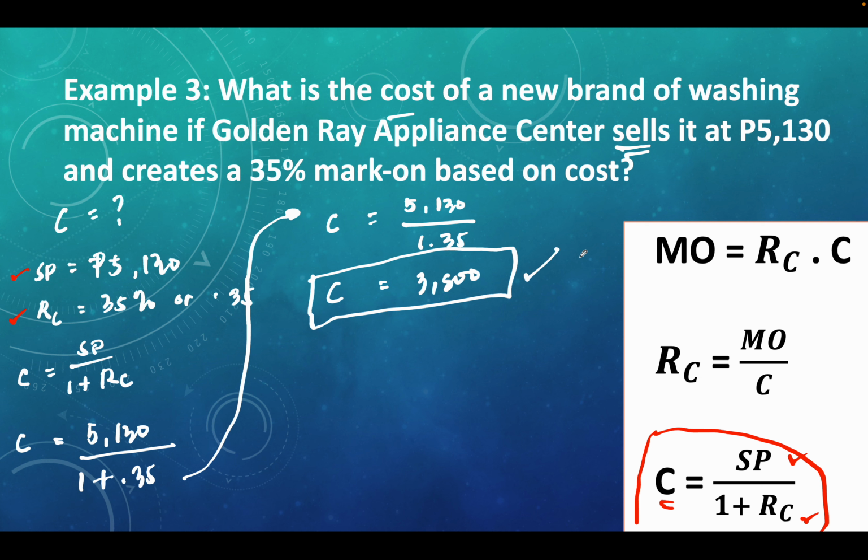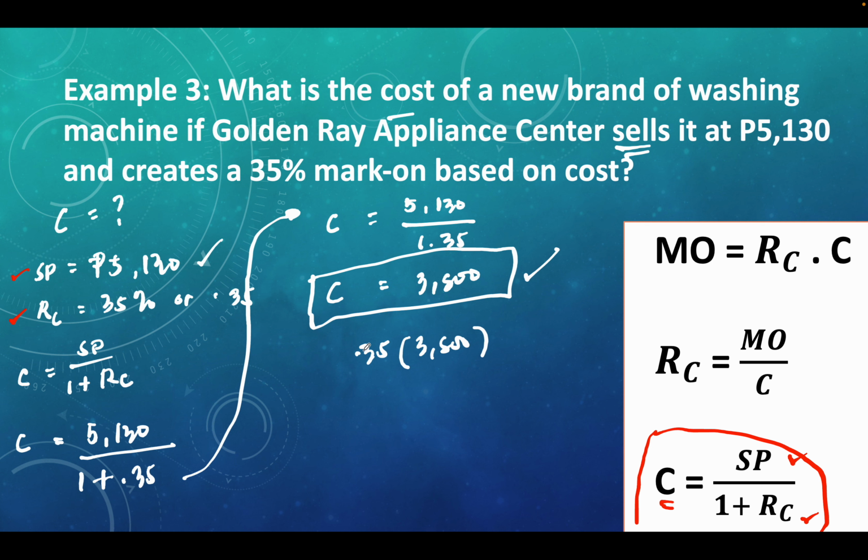Okay? To know if that is correct, we multiply the mark on rate based on cost by our cost. So we have the mark on rate, which is 0.35. Multiply it by the cost, which is 3,800. The answer we should get is this one, 5,130.